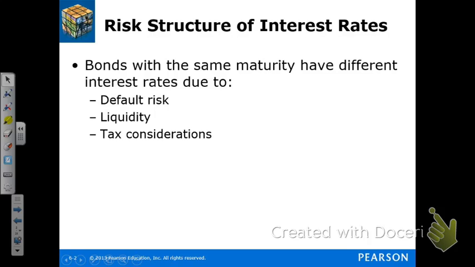So three factors, all of them are important for your exam. Sometimes they can help us to explain why financial assets with a similar maturity date have fundamentally different interest rates. The first one that we always start with is this idea of default risk.